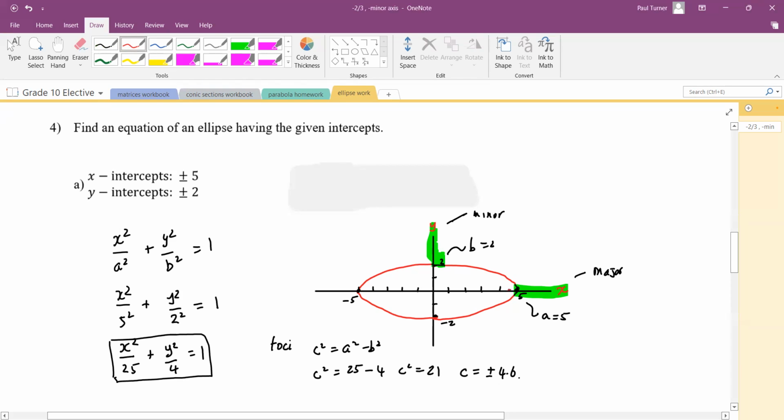So 4.6 is roughly here. So let's call that focal point 2, 4.60. And on this side, it would be minus 4.60. Let's call that focal point 1. So that's your graph finished with the focal points.